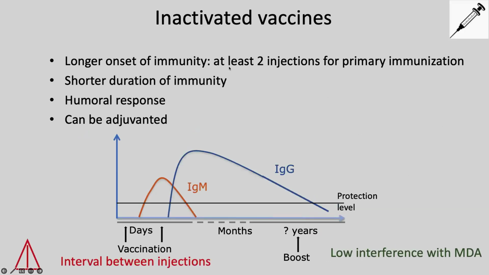We know that we need at least 2 injections to induce a good memory response, and you need to be careful about the interval between injections. Second point, the response will be almost entirely humoral, with a duration of immunity that is much shorter than what we have for live vaccines.